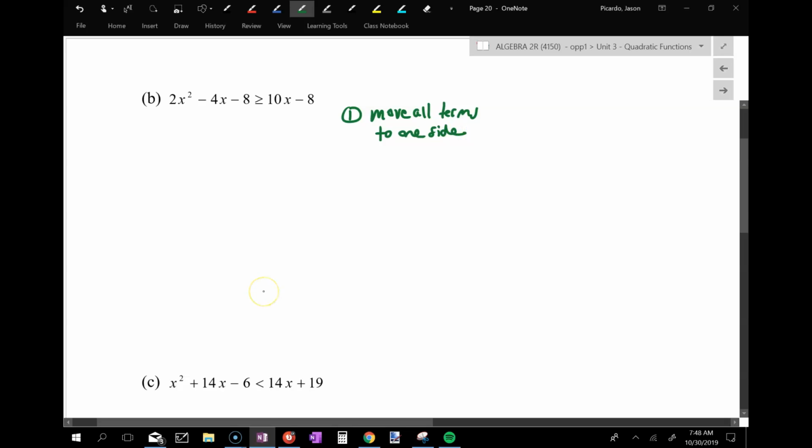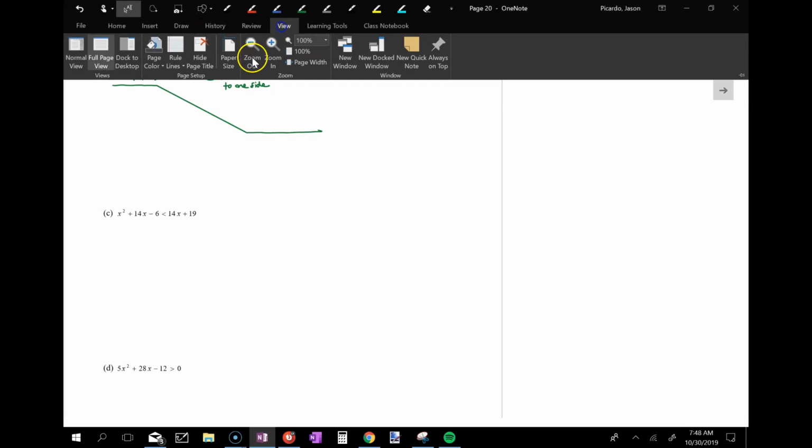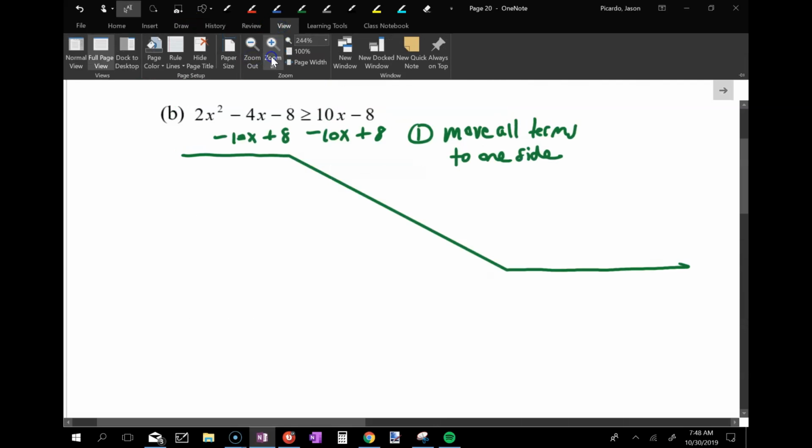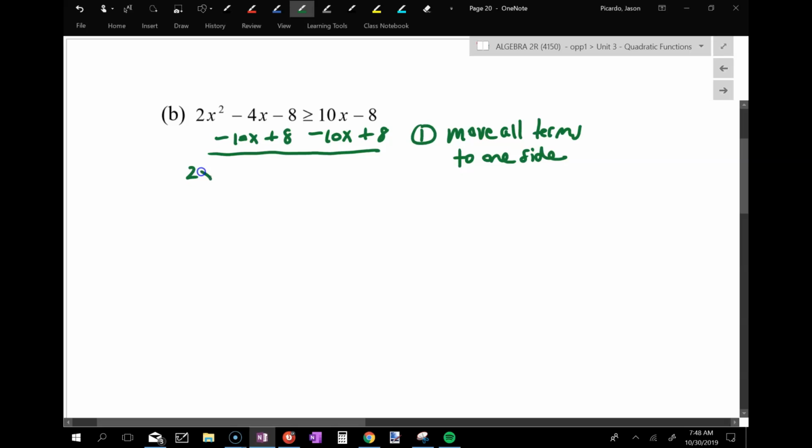All right. So I'm going to subtract the 10x and add the 8. Subtract 10x, add the 8. That's going to give me a 2x squared minus 14x greater than or equal to 0.